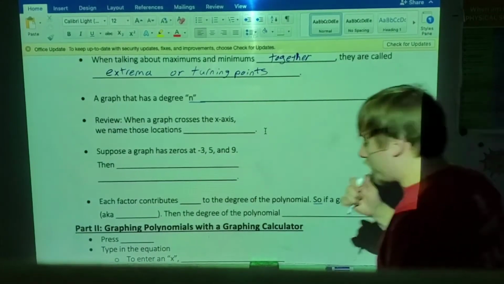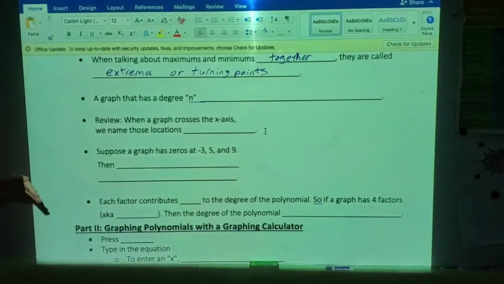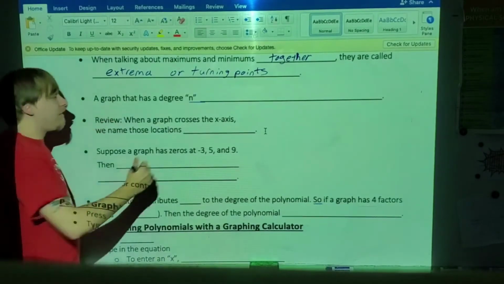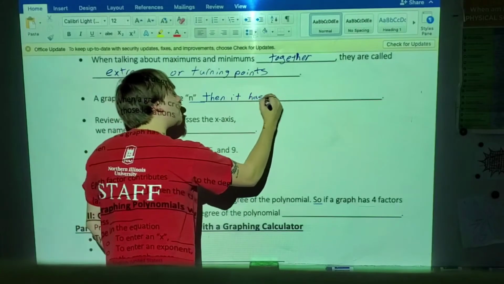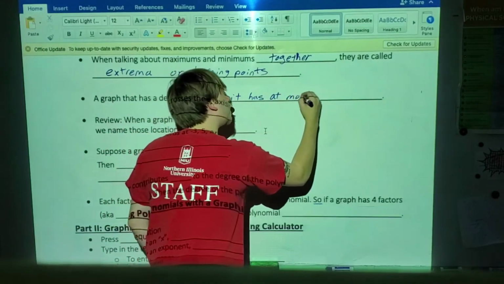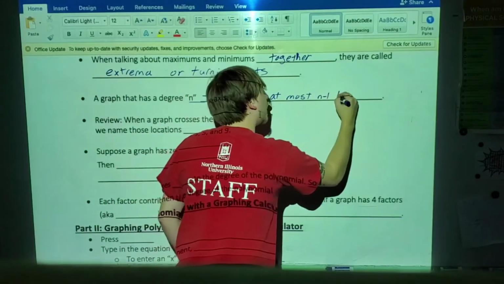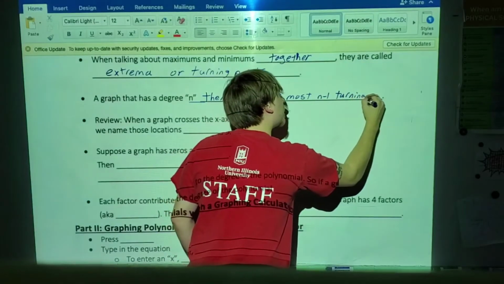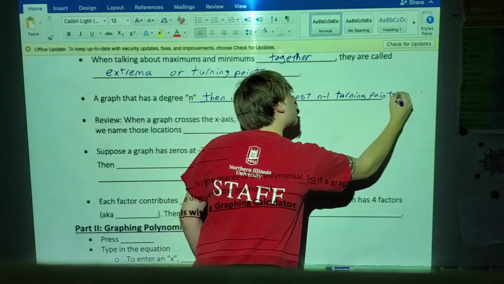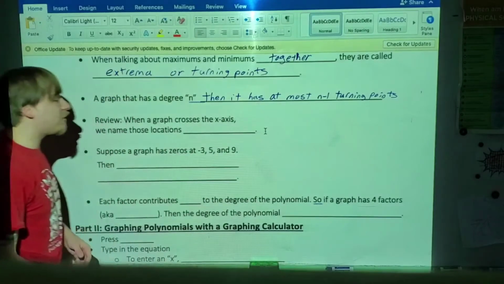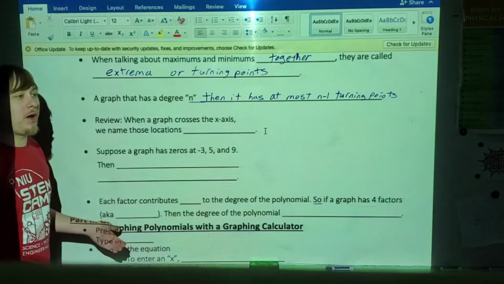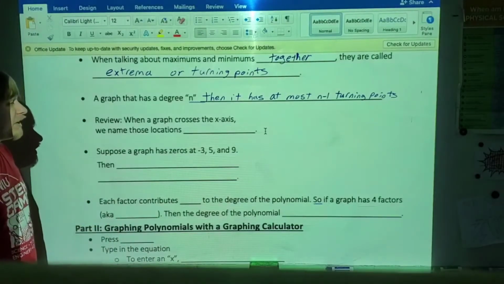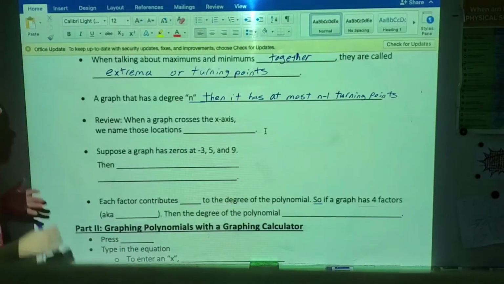Okay, and so when we have a polynomial or a graph that has degree n, then it has at most n minus 1 turning points. Okay, so if the degree of your polynomial is 8, the most times it can turn around is 7. And if your degree is 5, the most it can turn around is 4 times.